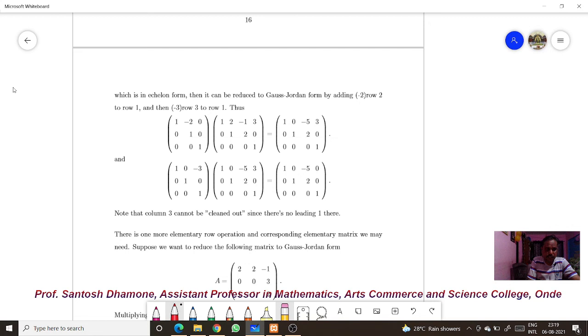Next element is -1 -4 -5 plus 0, this is -5, and the last element is 1 into 3, 3, -2 into 0, 0, and 0 into 1 is 0, then we get 3. Okay, solving all rows we get 0 1 2 0 0 0 0 1.